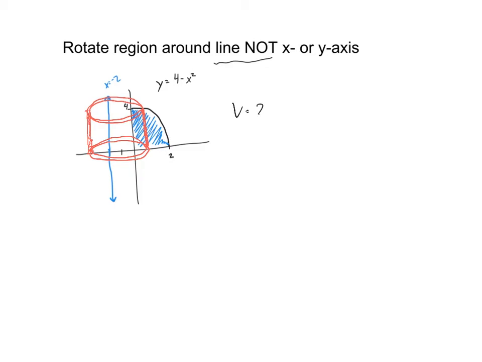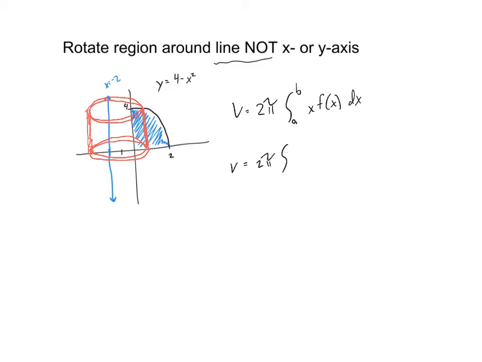V equals 2 pi for the shell method, integral from a to b, x, f of x, dx. And in substituting for our next step, let's think about what's changed. 2 pi, those are numbers. A to b, those are at my red rectangle that I drew in there. Has that changed as I added up through the region?